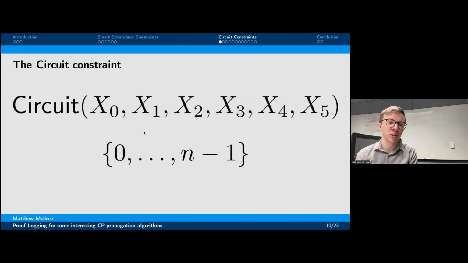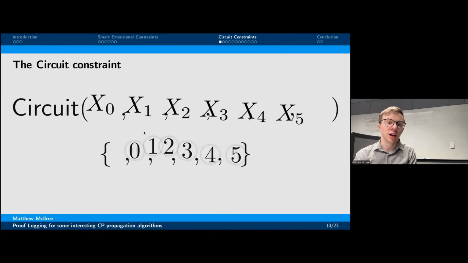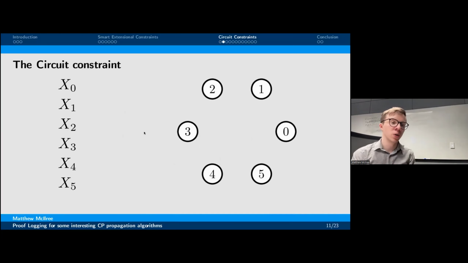I'll talk concretely about variables 0 up to 5, so 6 variables and 6 values. What the circuit constraint encodes is if a variable x2 equals 5, then we're imagining there's an edge between the vertices 2 and 5 in this directed graph, which doesn't actually exist in the CP model. It's just encoded by the values of these variables.